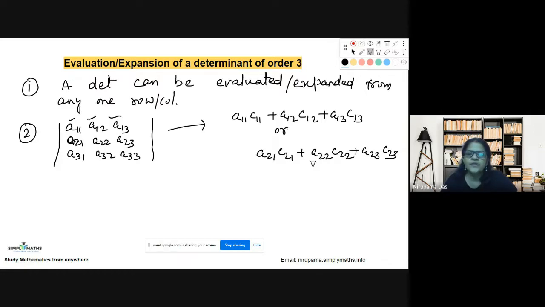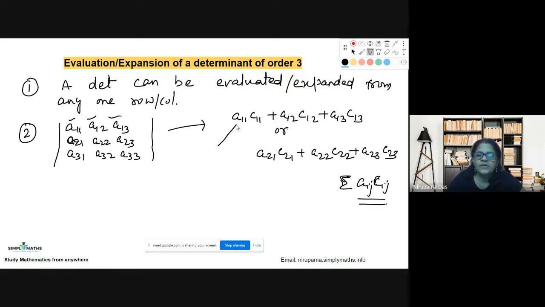So we have to consider elements and the corresponding cofactors, right? And take the sum of the products. Or in general, it is basically the sum of the products of Aij, Cij. Okay, so it means any one row or any one column, right? So i from 1 to 3, j from 1 to 3, but you have to take only one row or one column.